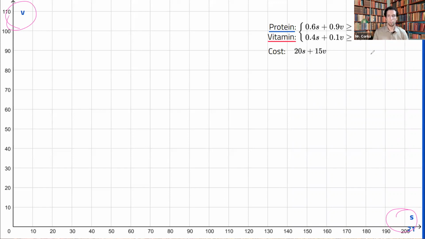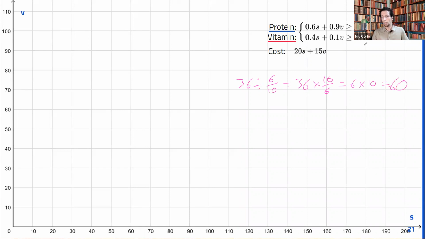So tell me what our constraints will be for S and V here for protein. 60. And 40. So we're dividing by a number that's less than 1, so the number should be getting bigger. Just a little quick review here: dividing by 6/10, so 36 times 10/6. So 6 times 10, 60.